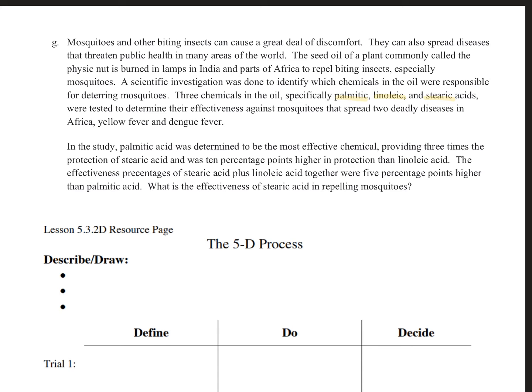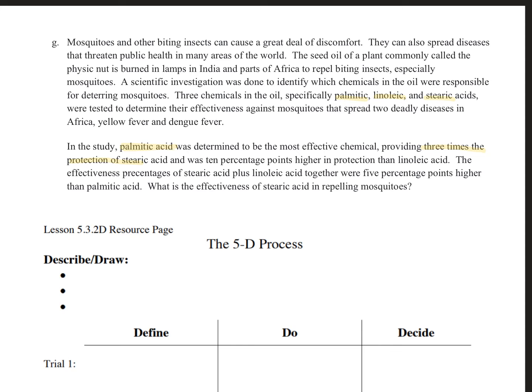In the study, palmitic acid was determined to be the most effective chemical, providing 3 times the protection of stearic acid.